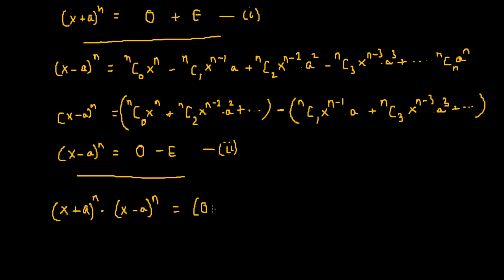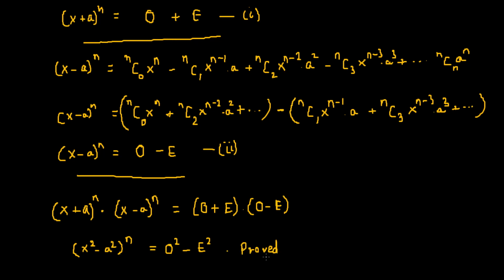And similarly, we multiply the sum of odd and even terms with the difference of the odd and even terms. So that should give us (x squared minus a squared) whole raised to the power of n equals O squared minus E squared. Proved. So this was what we were asked to prove. Great.